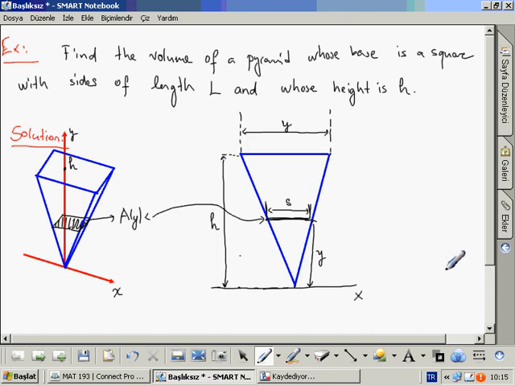And let me make corrections here, and this will be L, because the sides are of length L.